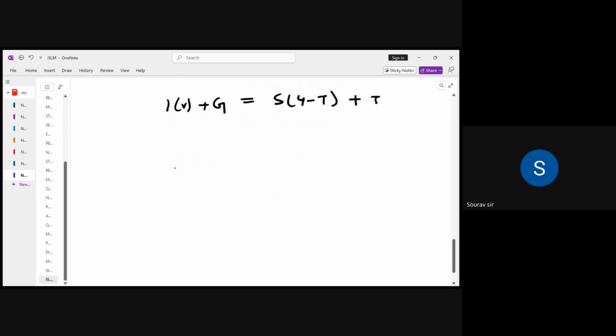So here, first investment plus government spending. First this diagram.